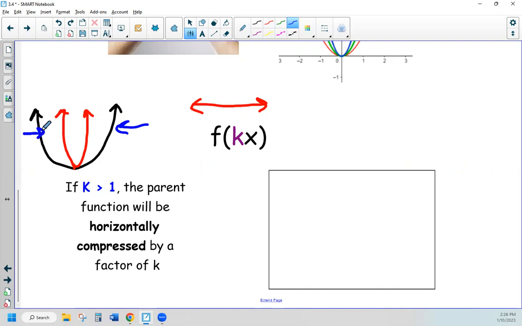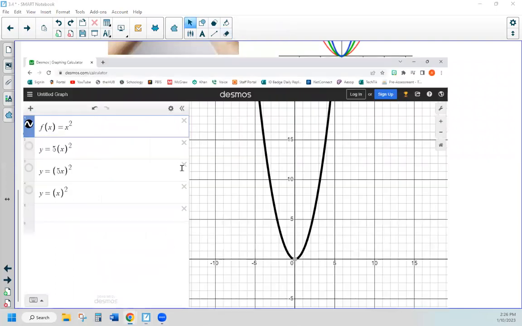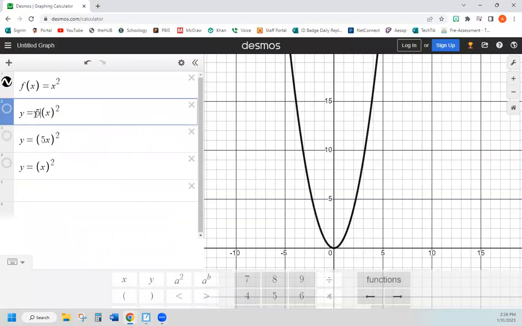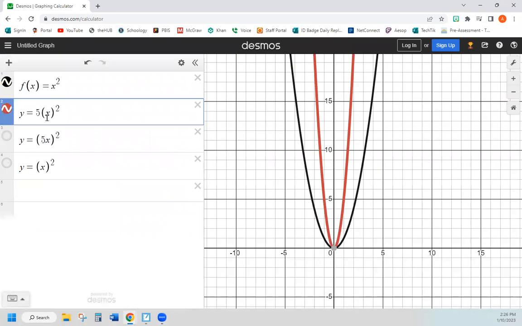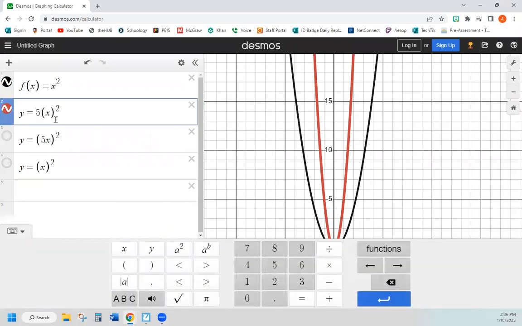You want to push the sides in, which we call a horizontal compression. Okay. Again, remember, we need to keep the word horizontal in this slide because we are multiplying inside straight to the x. All right. The next one. Let's see what happens when our 5 actually is a 0.5, like we did before.